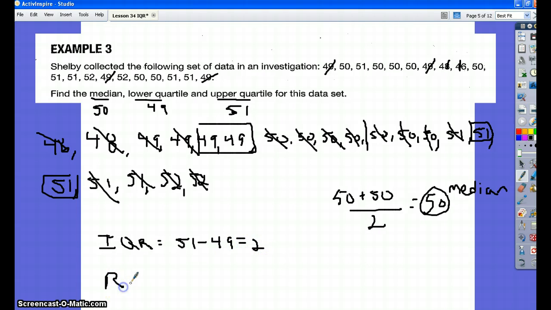The range, remember, our greatest was 52, our least was 46, so our range was 6. I think that's all the data we need to know. So that is how you do this problem.